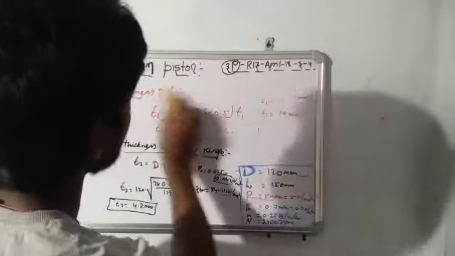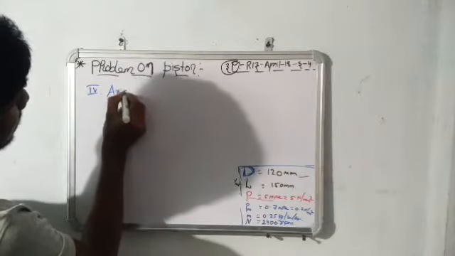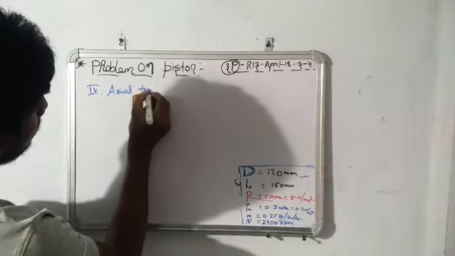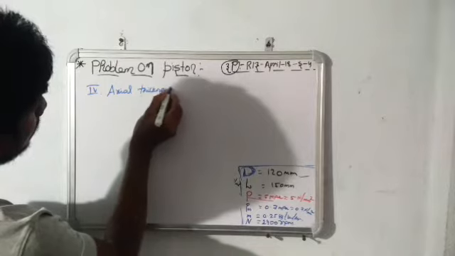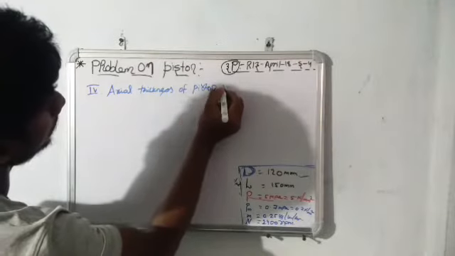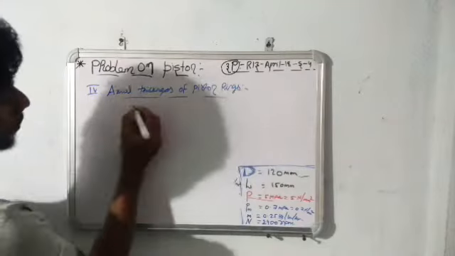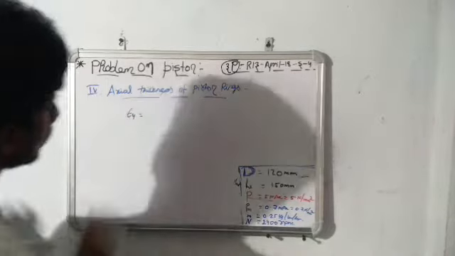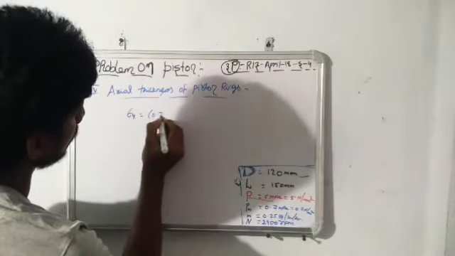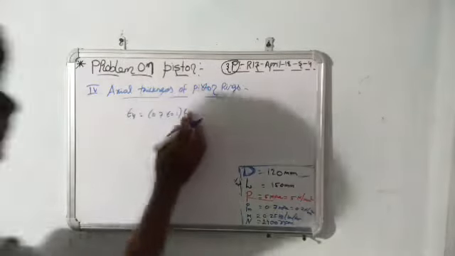That is the fourth step here, axial thickness of piston rings. It is denoted by T4. The T4 equal to 0.7 to 1 times T3.